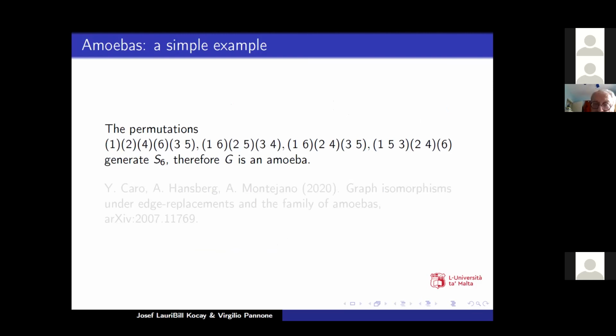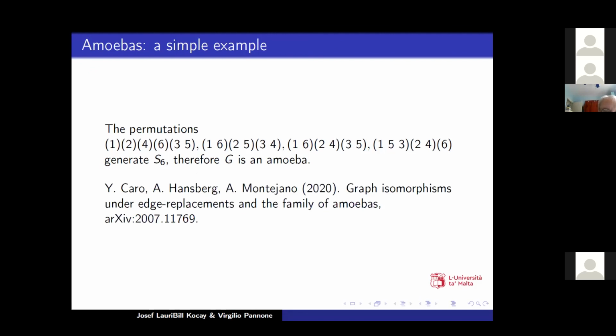This is one of their theorems. So we are extending the automorphism group of G in some fashion, and if by doing that we reach this, then G can be moved all over the complete graph to any other G which is isomorphic to it.